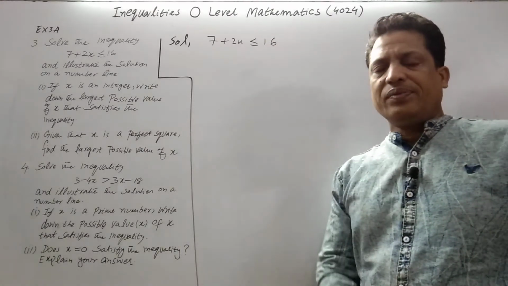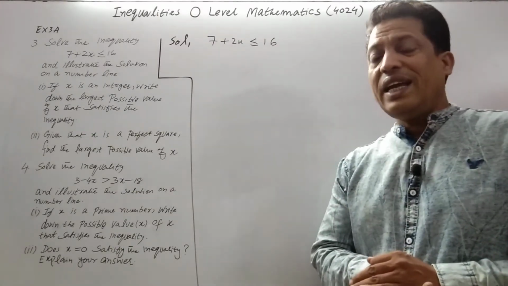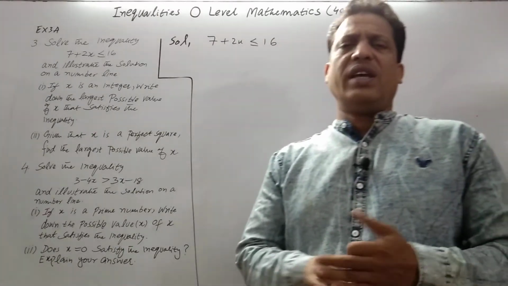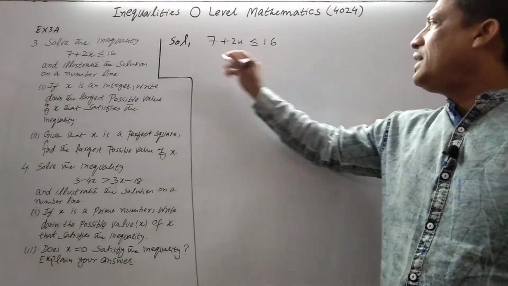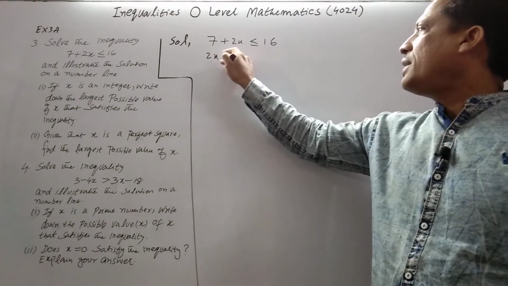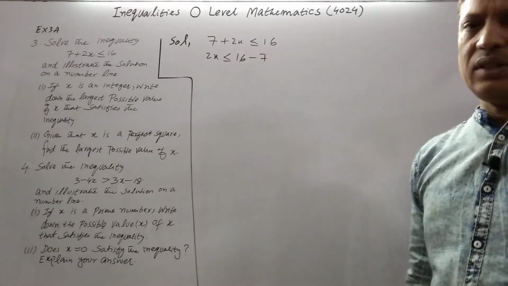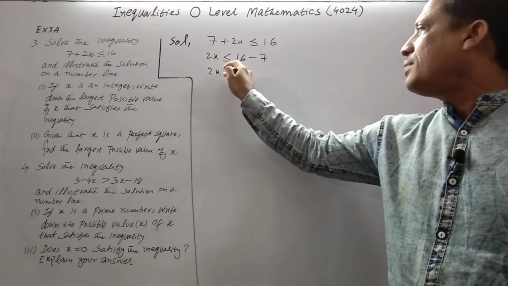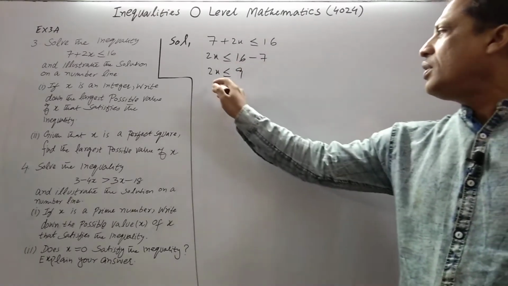What I told you in the last lecture is that we always solve the inequality just like we solve the equation. So move this 7 to the other side; 2x, this 7 becomes minus 7. 2x, 16 minus 7 is what? 9.